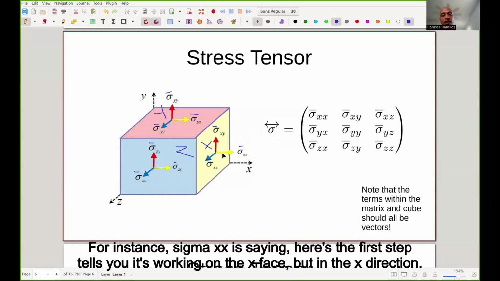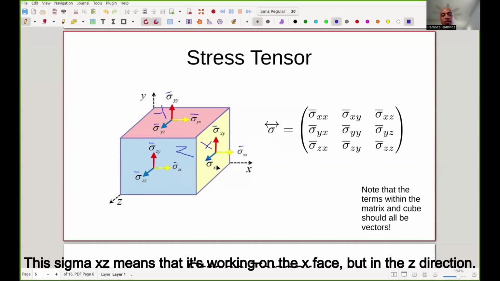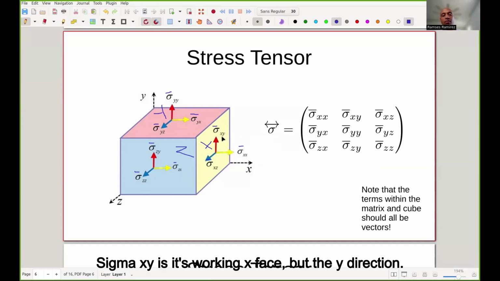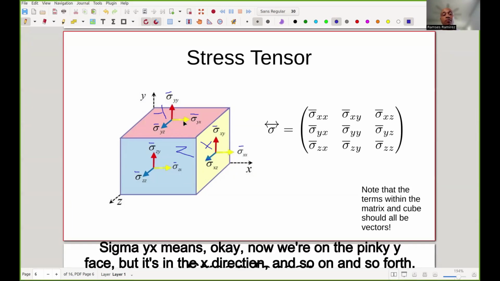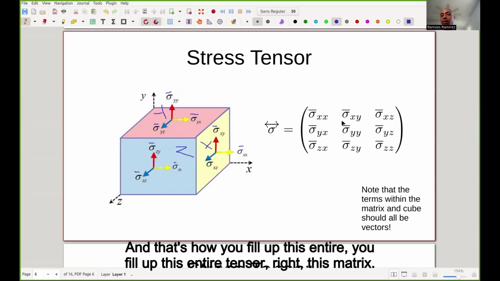The first subscript tells you it's working on the X face, in the X direction. Sigma XZ means it's working on the X face, but in the Z direction. Sigma XY is working on the X face in the Y direction. Sigma YX means now we're on the pink Y face, in the X direction, and so on and so forth.